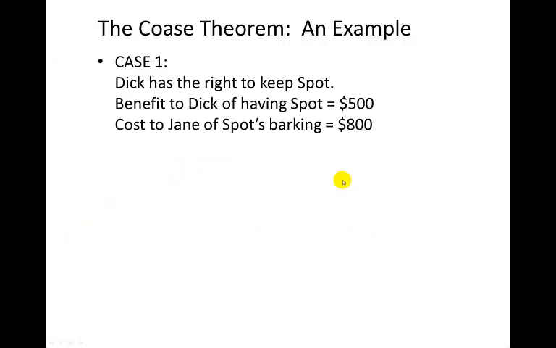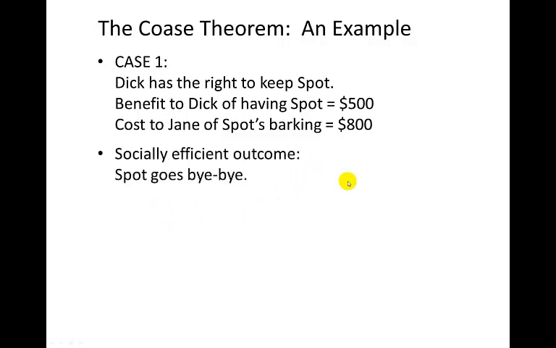Let's see how this would work. Let's say Dick has a benefit of $500 from keeping his dog, and it costs Jane $800 to listen to Spot barking. So the socially efficient outcome is that the dog goes.